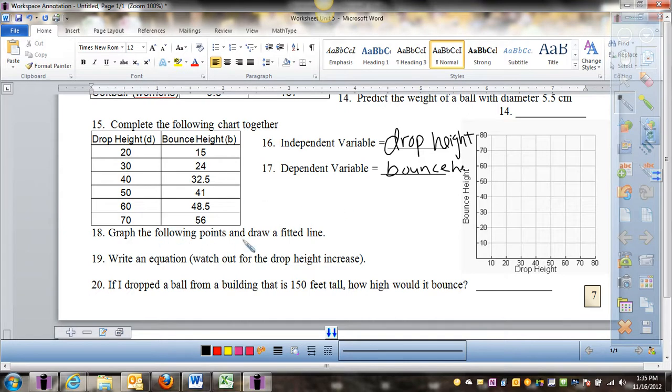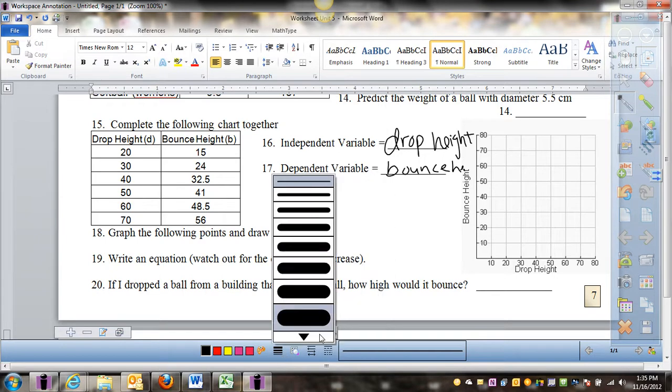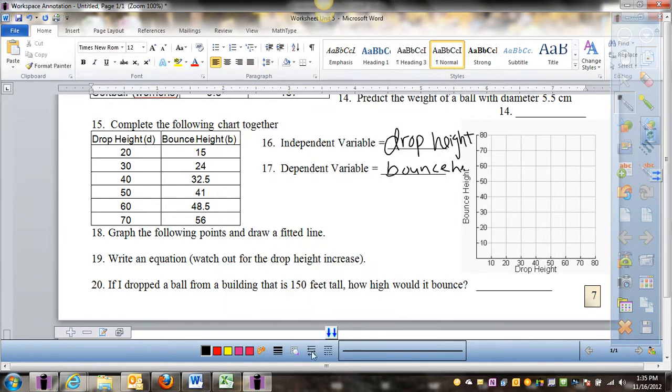We need to graph the following points and draw a fitted line. So go ahead and draw those dots if you have not yet. I've got to figure out how to make dots on here someday. Anyway, there's 20, 15.